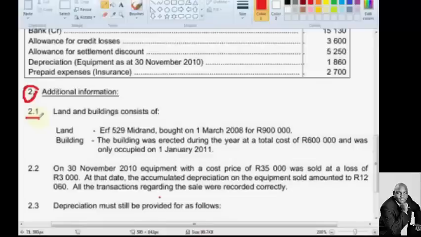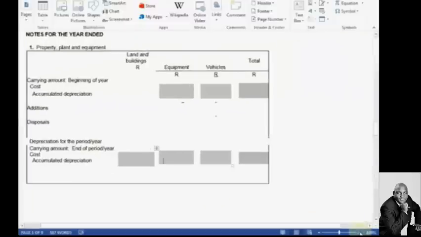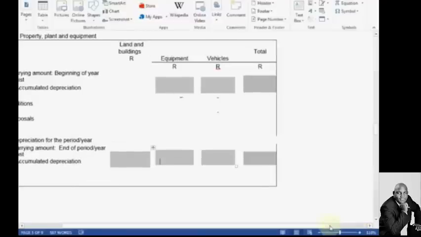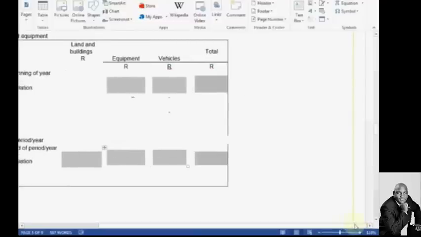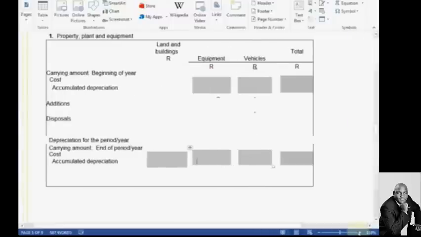Like I said, I'm going to first start with the note for property, plant and equipment. And like I always say, know the layout. I cannot help you with that. So I'm just going to pull out the layout and plug values into it. What you see here, you should know by heart.